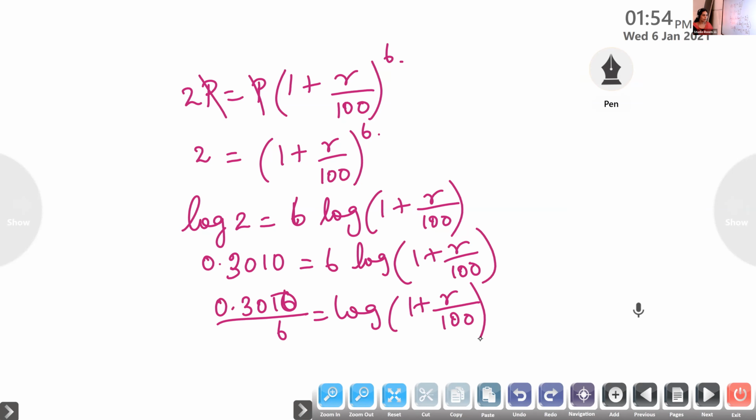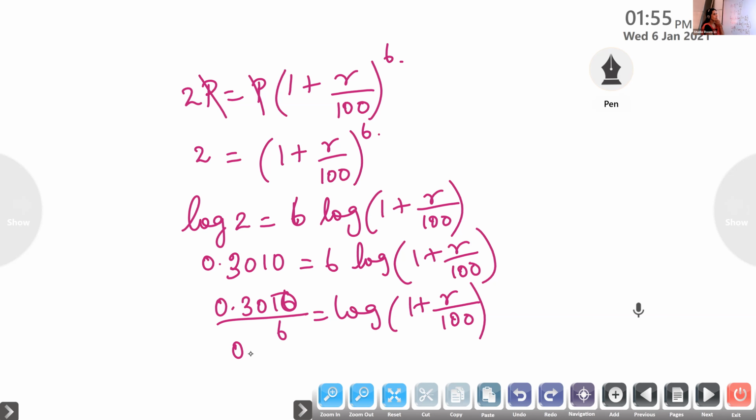You divide it by 6. What you will get? 3, it will not go, isn't it? 0.0502 is log of (1 + R/100).